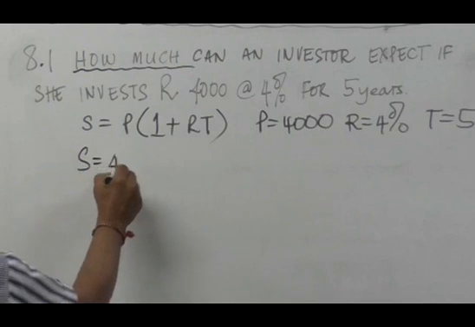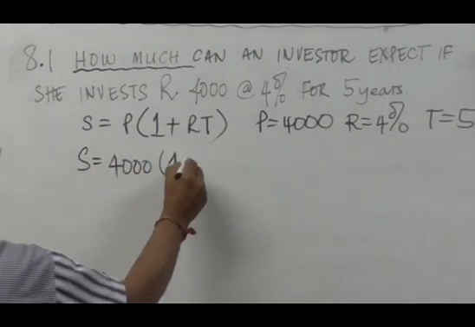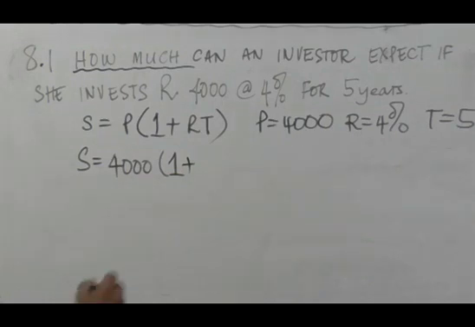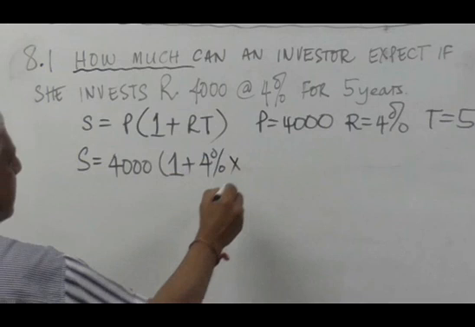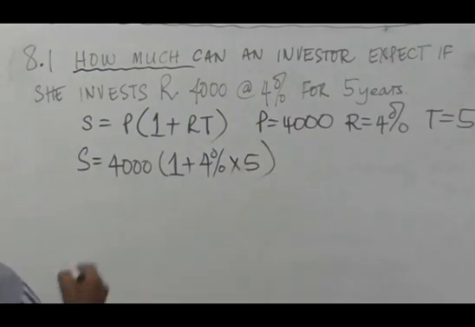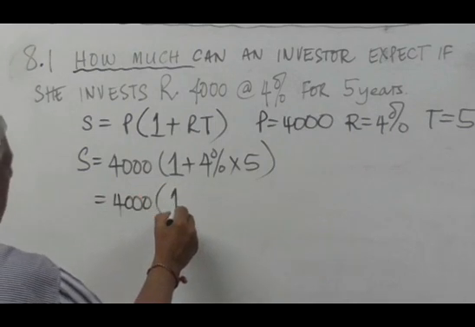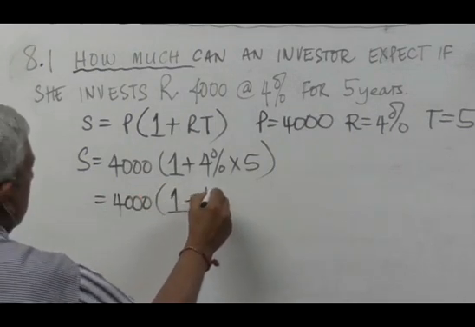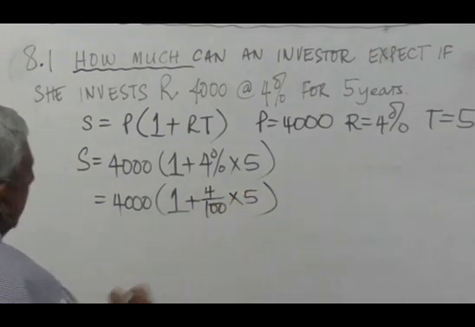The principal is 4,000 into 1 plus R is 4% times the time, which is 5. That will give you 4,000 into 1 plus 4 over 100 times 5.